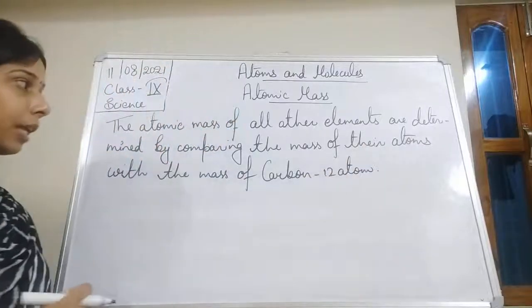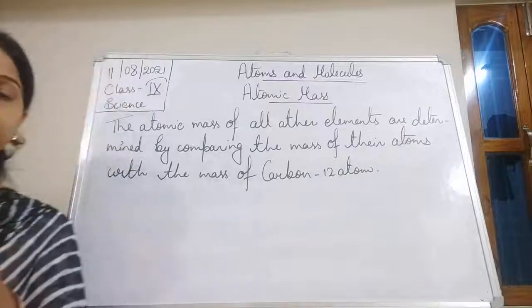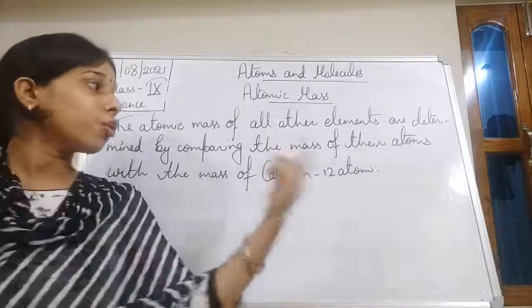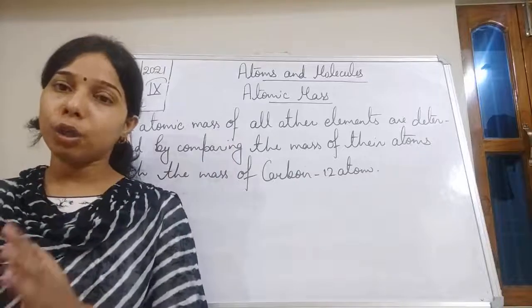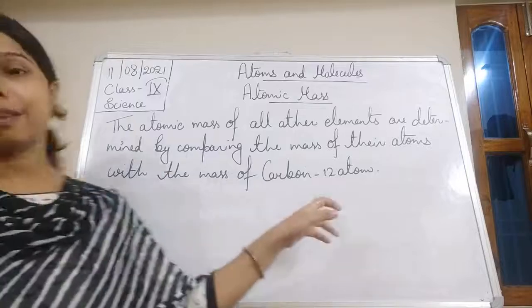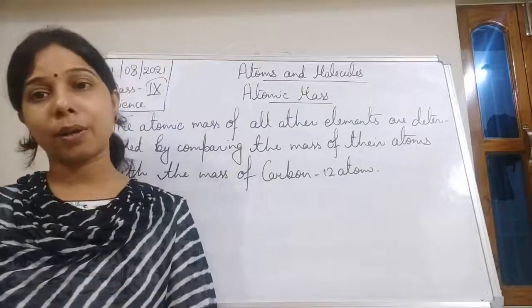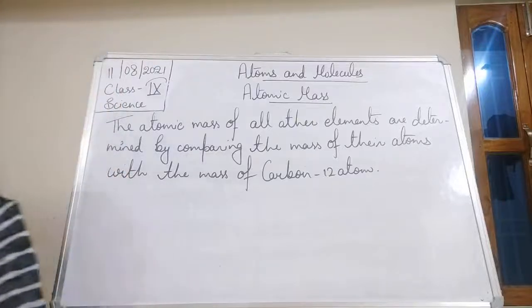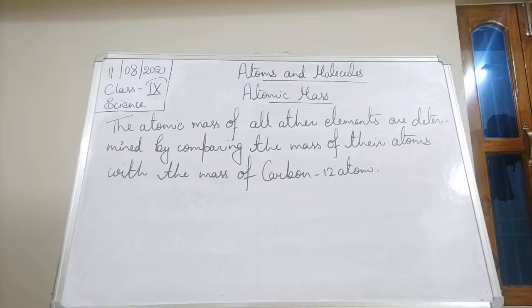So we have taken carbon 12 as a standard unit, and we compare the mass of other elements with carbon 12. The standard atomic mass is compared with the others in order to find the actual masses of the different atoms.